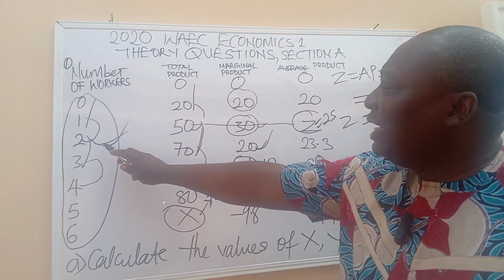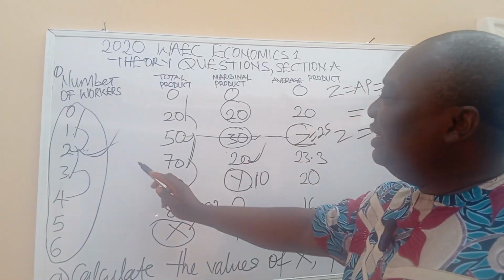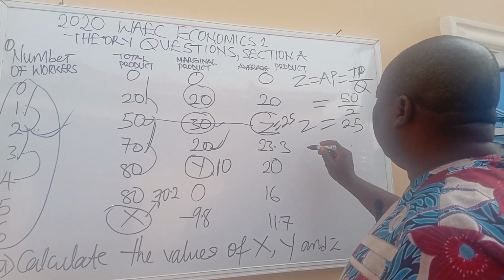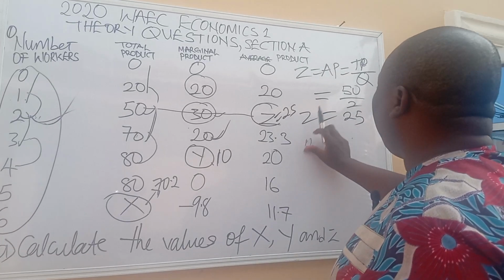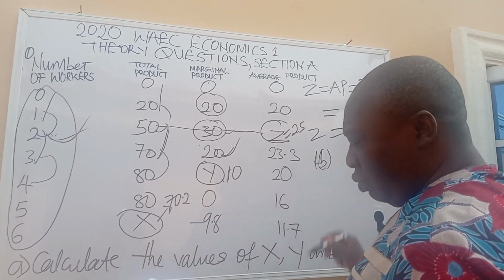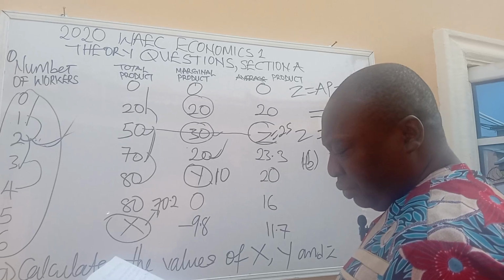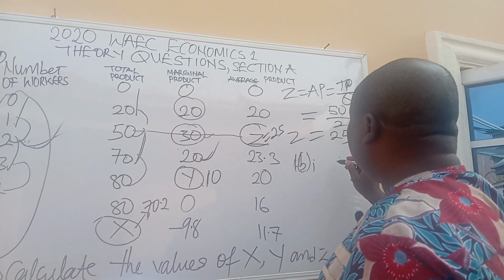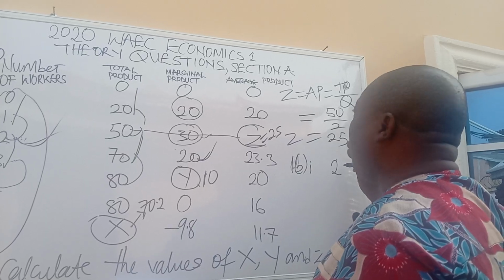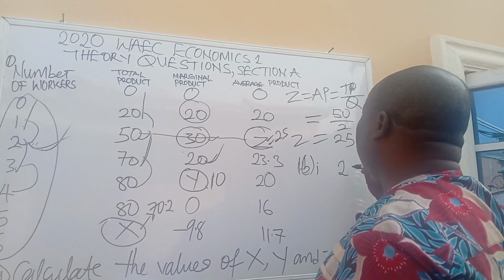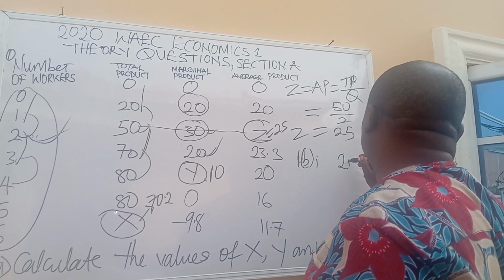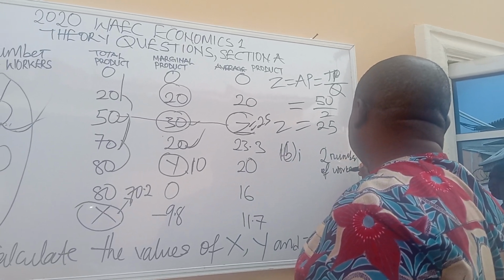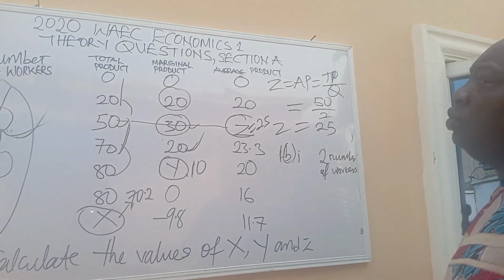It starts increasing at this level. So for 1B Roman figure 1, the answer is 2 workers. You can just write 2.